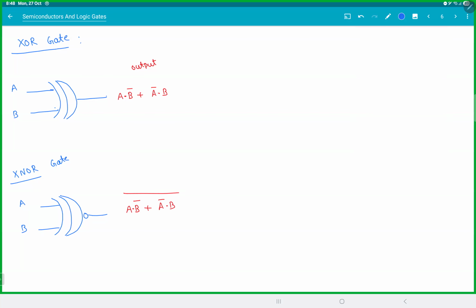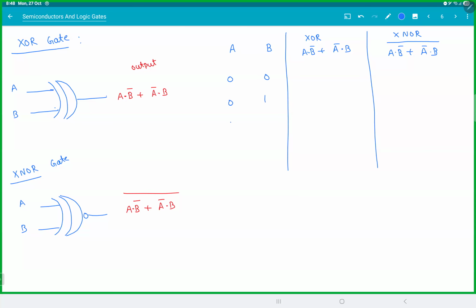So if you have A, B, if you have XOR, A dot B bar plus A bar dot B. If you have XNOR, 0, 0, 0, 1, 1, 0, 1, 1.